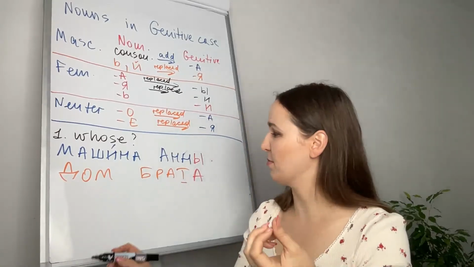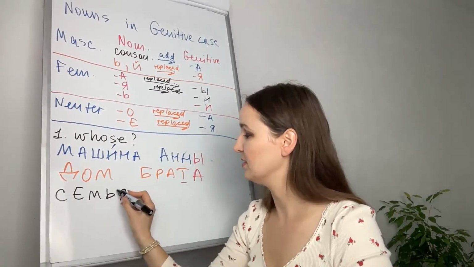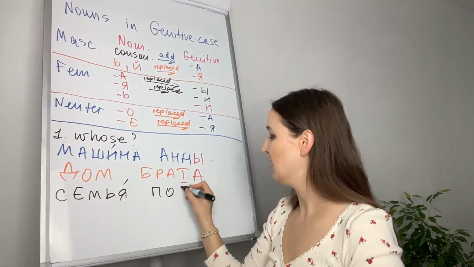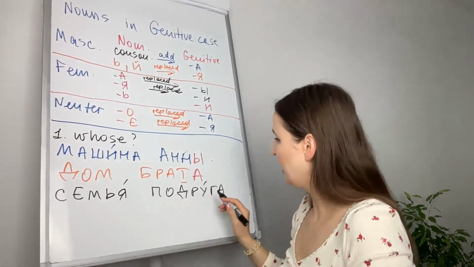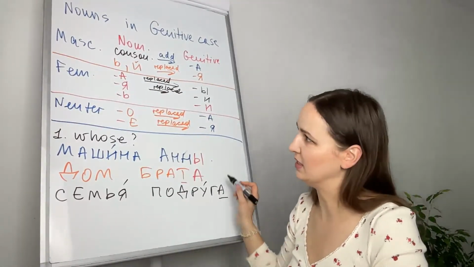My friend's family. Семья, and подруга, my girlfriend, my female friend. Подруга. Again, the ending is а. That means that this noun is feminine.